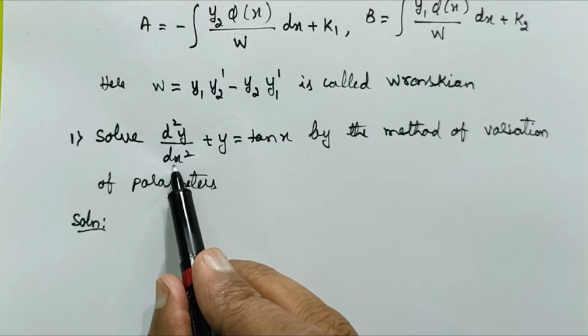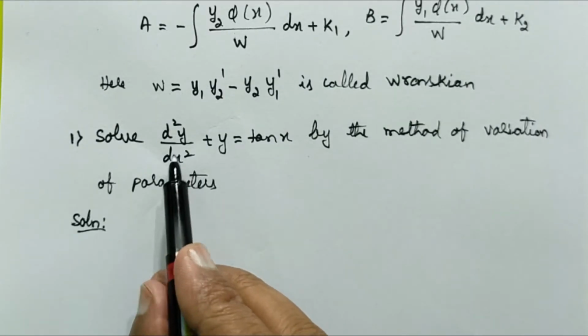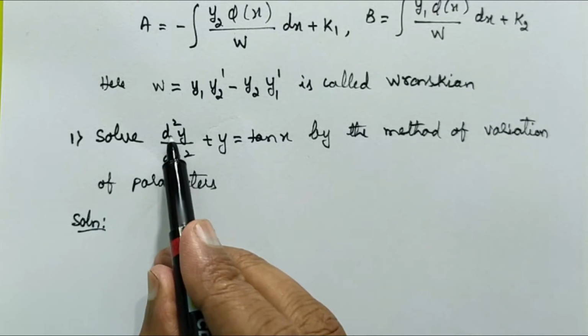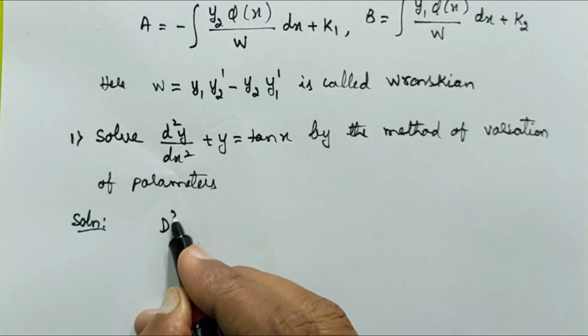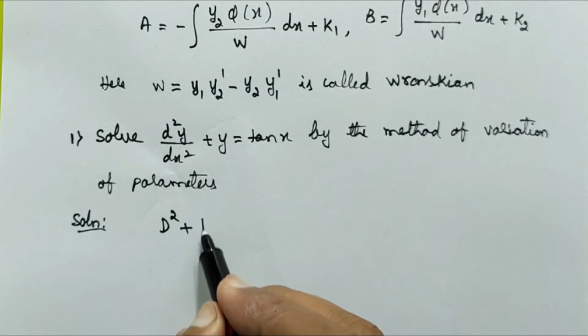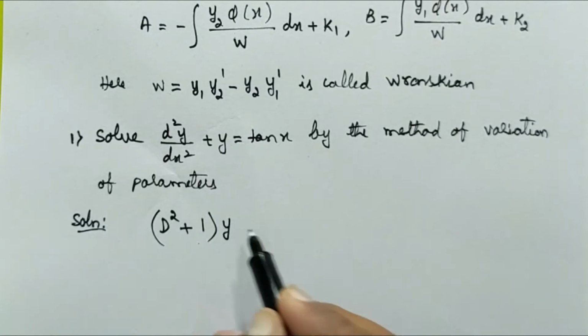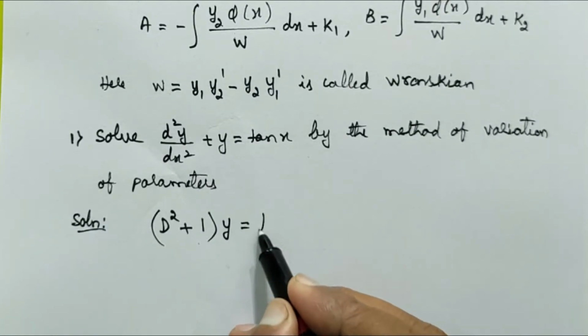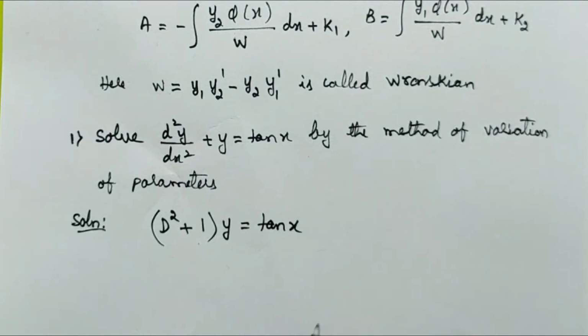So let us write down this differential equation in the form of the operator D. This can be written as D square plus 1 times y is equal to tan of x.